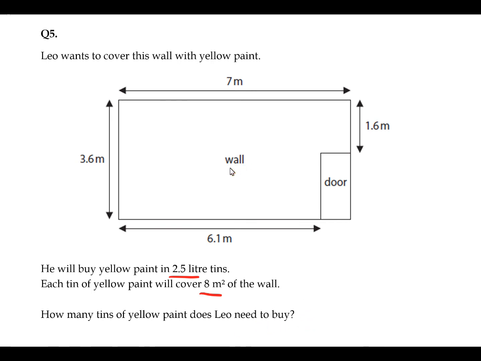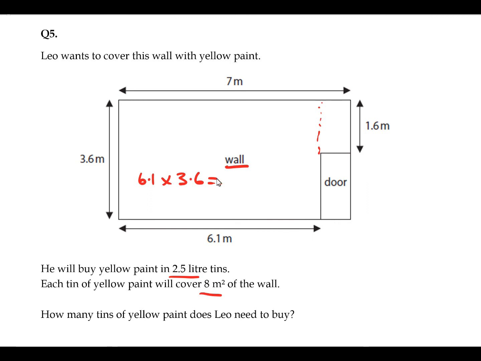So we need to work out the area of the wall, and we can do this by dividing the wall up into smaller rectangles. So if we put a dividing line down there, we have this area here, which is 6.1 meters by 3.6 meters.